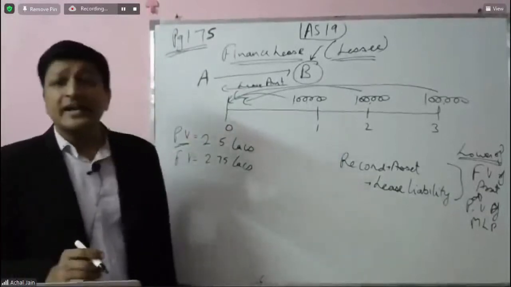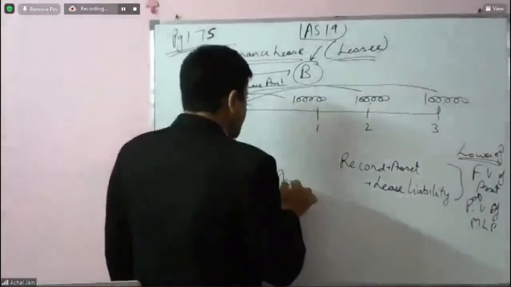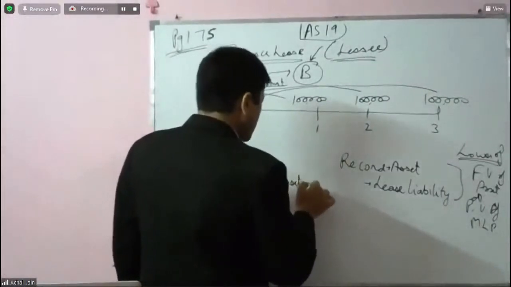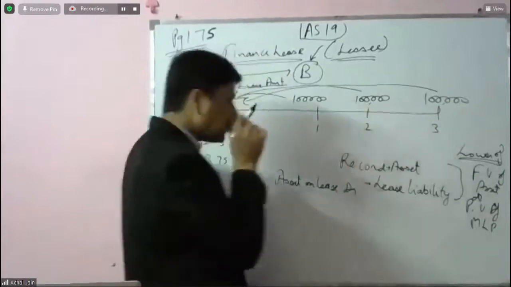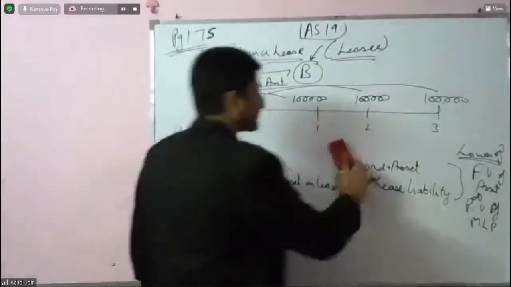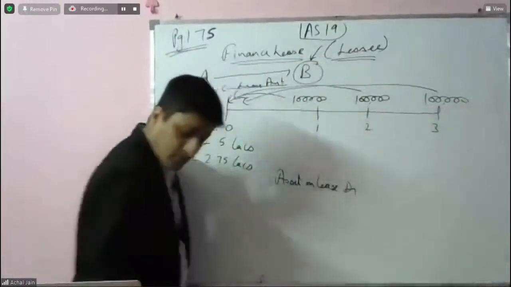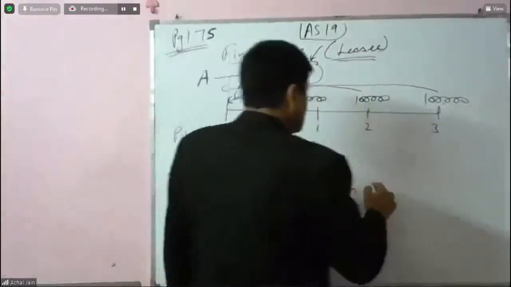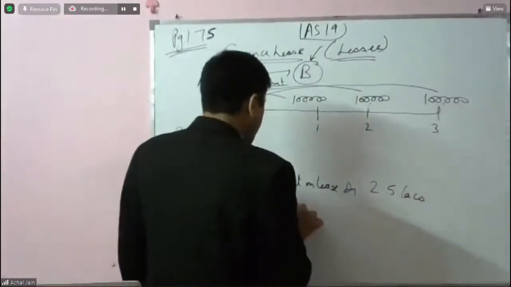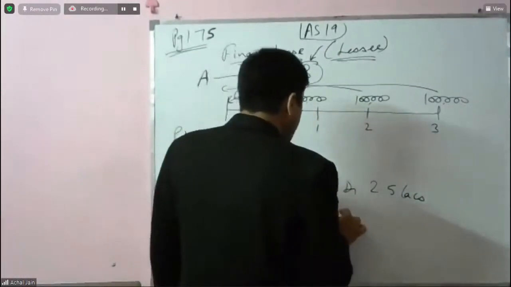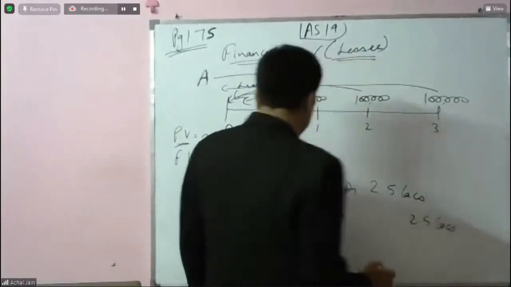Now, what is the accounting entry that B will pass? Asset on lease debit, 2.5 lakhs, to lease liability, 2.5 lakhs.